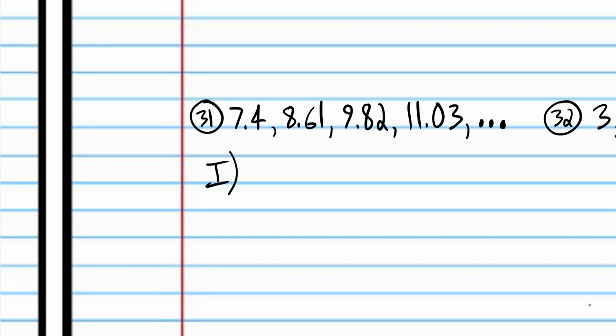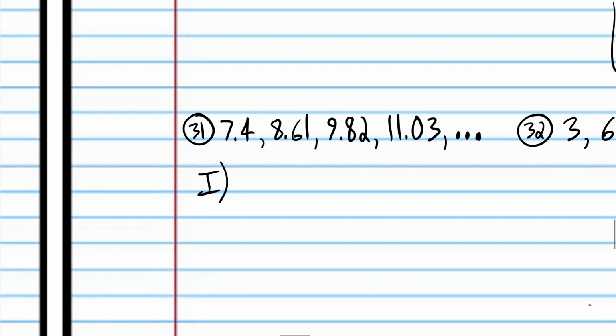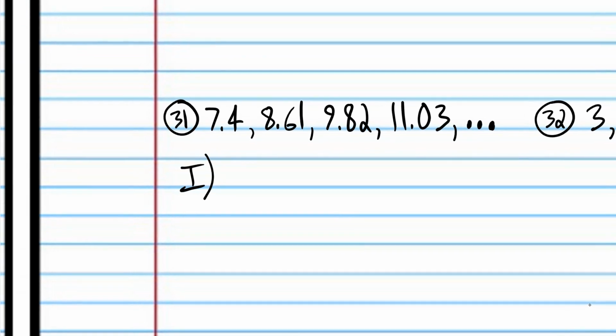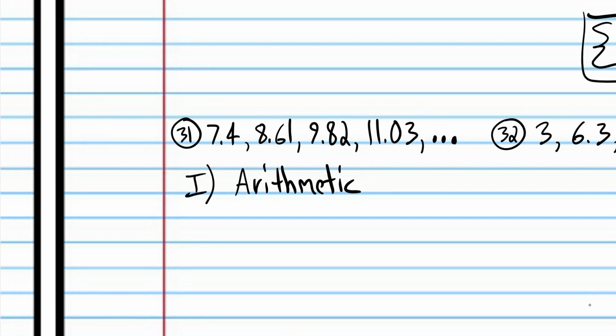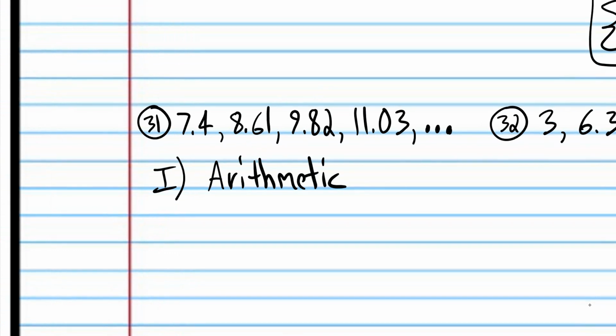So again, we subtracted these, we got the same number, so it's a common difference. So this is an arithmetic sequence. Now, if we multiply 7.4 by some number to get 8.61, you would get an irrational number. So that's probably not going to be a geometric sequence. And whatever that number is, if you try to multiply it by the second term to get to the third term, it's not going to work. So we know it's not a geometric sequence.